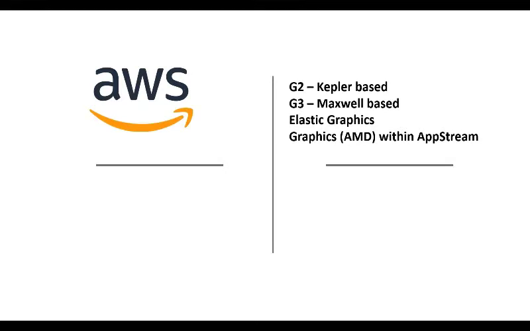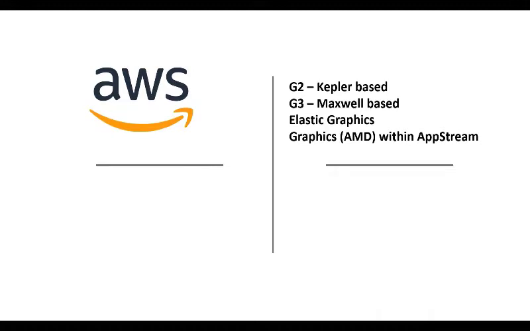AWS has 4 different families of GPU types: G2, G3, Elastic Graphics, and graphics. In this case, AMD is being used as part of a service, AppStream, like application remoting. So you cannot buy infrastructure as a service based on AMD GPUs, because this is built into AppStream.